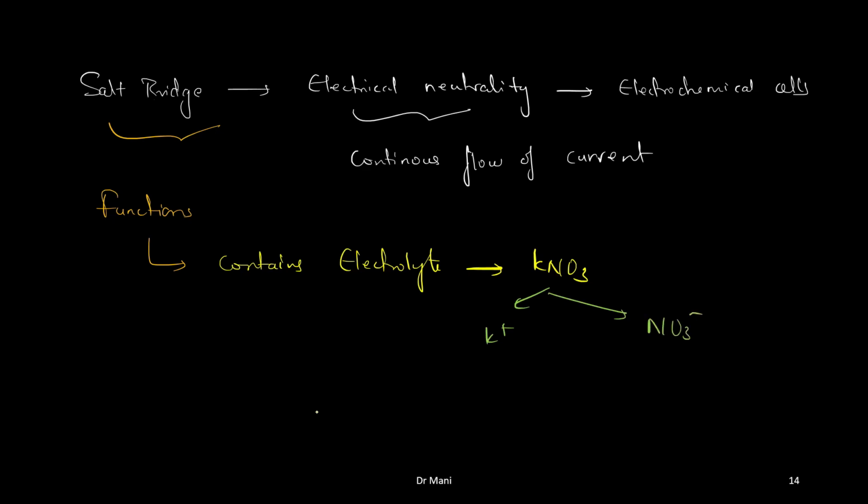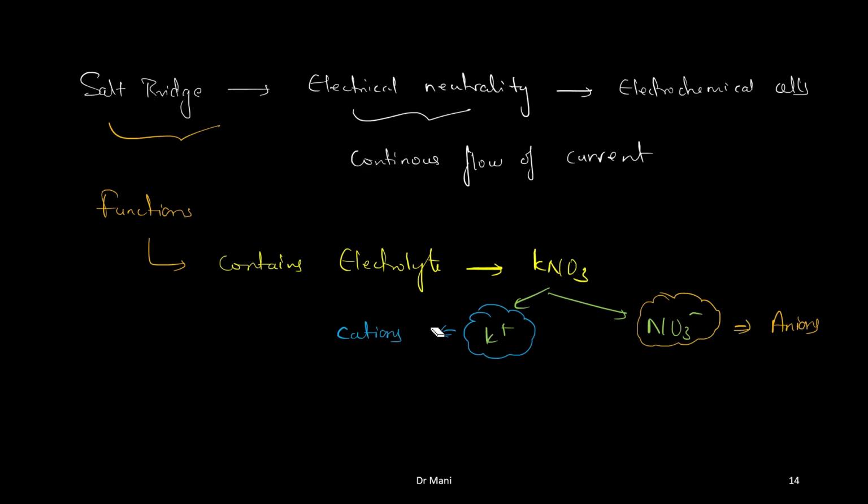What is this K plus called? Which ion is this? It is a cation, right? And what about this NO3? Anion. So NO3 minus is an anion, and K plus is a cation.